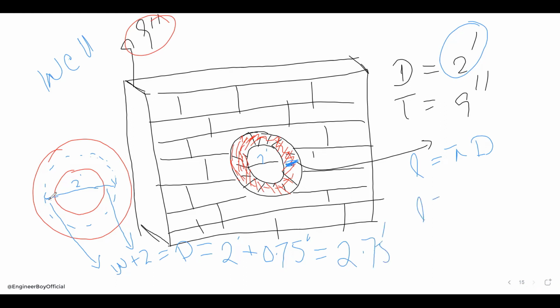Just put that over here, pi times 2.75. It means we have just the same thing, the length. Let me just calculate that. If I have 2.75, that should be L, and that should be 8.63.